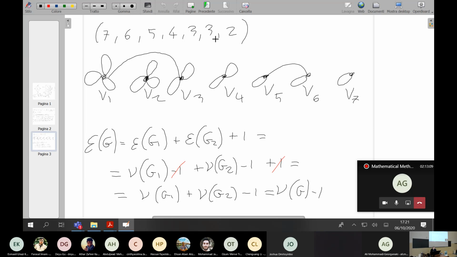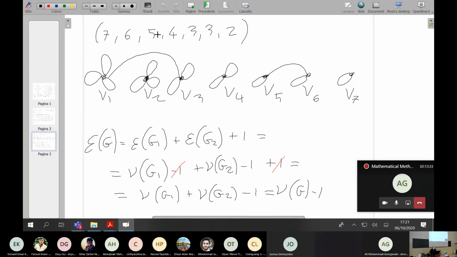So I can take them by pairs. So V1, I take 7, 7 is not divisible by 2. So I take 1 out of 7, which is 6, divide by 2, and so I put 3 loops here. 6 is even, no problem. I divided by 2, 3 loops.